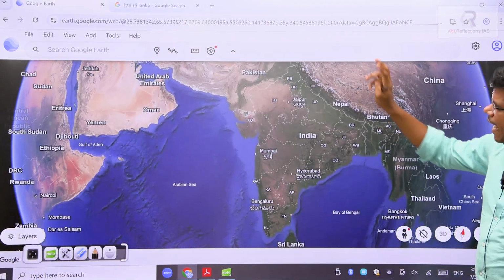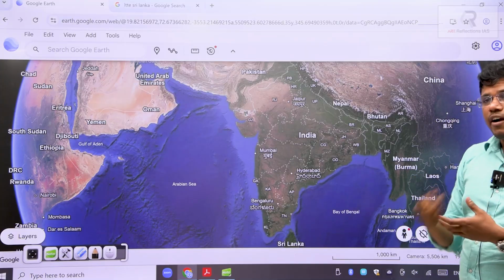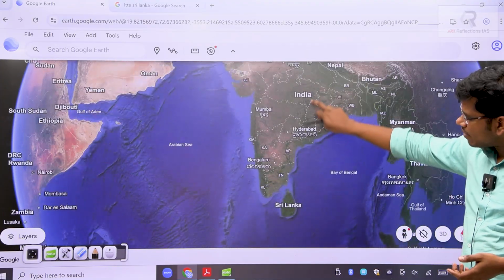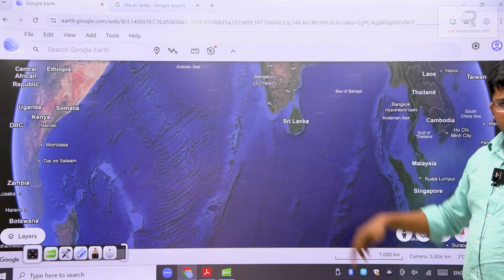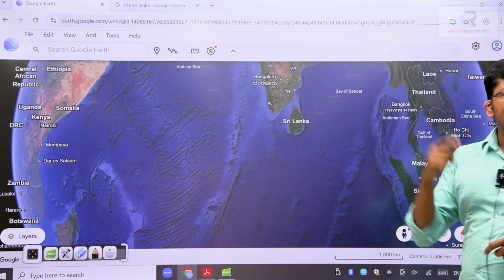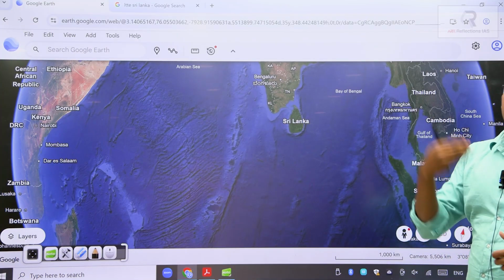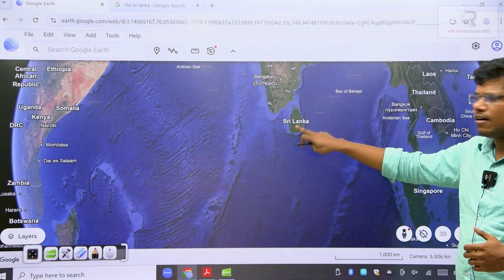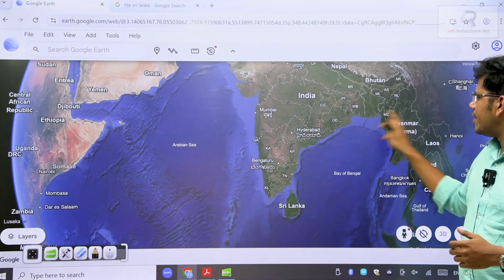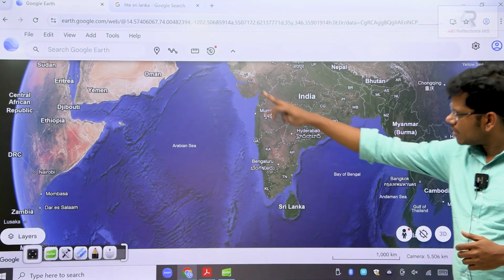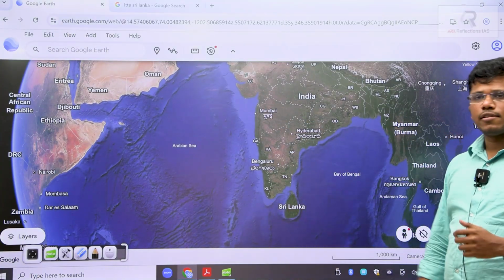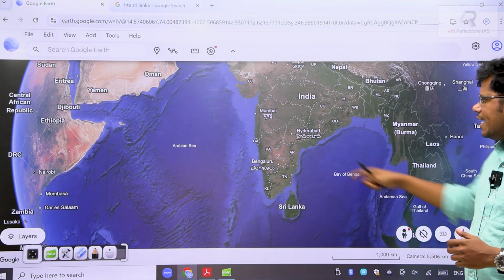So Pakistan is important for the land route connection, Sri Lanka is important for the sea route connection, and China can also encircle India in the name of the string of pearls. Sri Lanka, one pearl, Myanmar, Bangladesh, Pakistan, Maldives. So they encircle India.